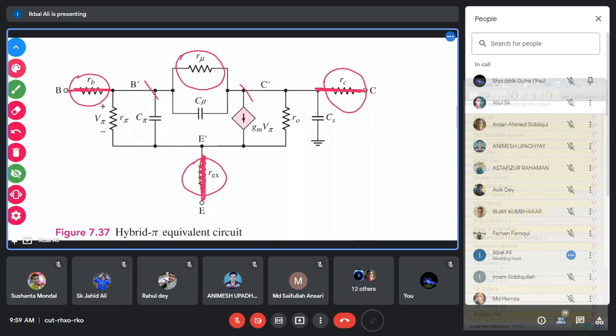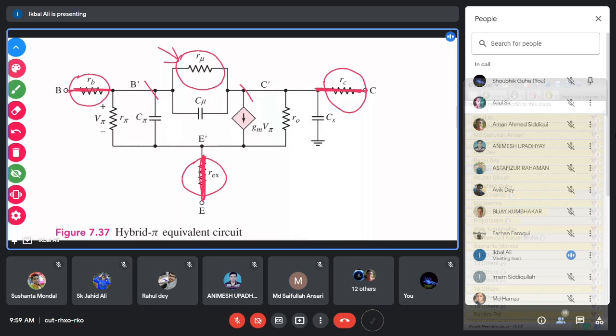You know that whenever a PN junction is in reverse bias, hardly any current flows, only the minority saturation current. That is why this R mu resistance has a very high value, of the order of several mega ohm. No current actually flows through it, so you can discard this one.